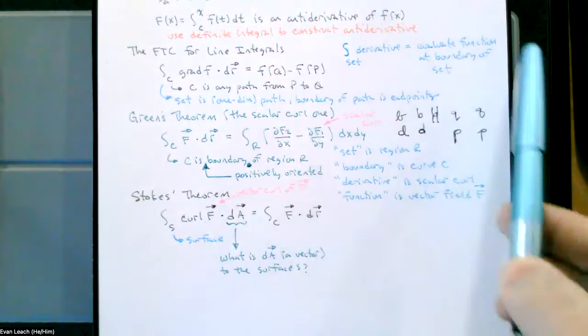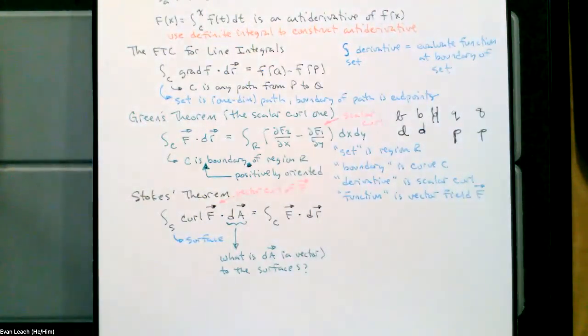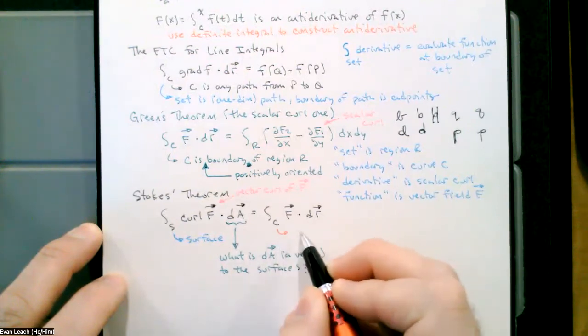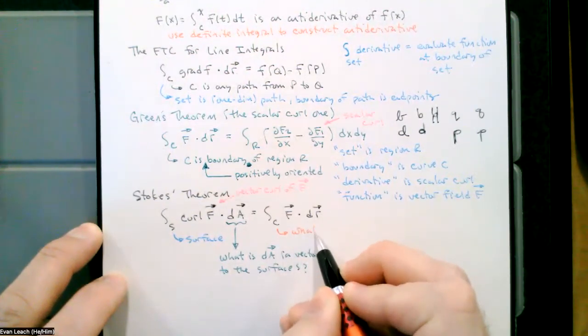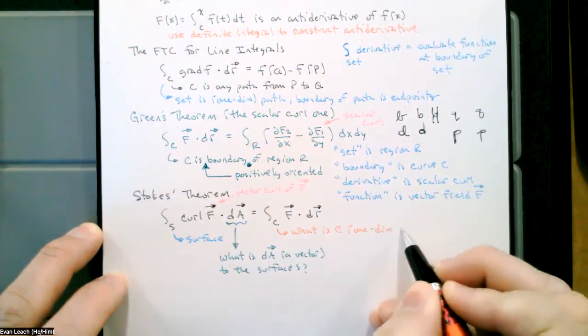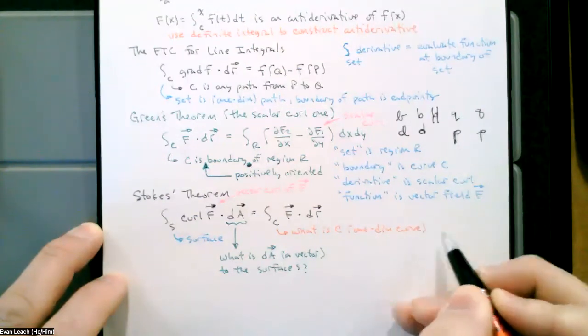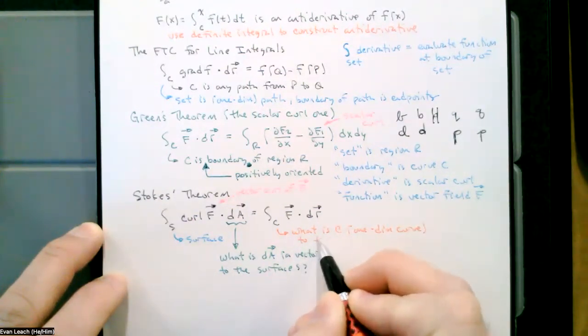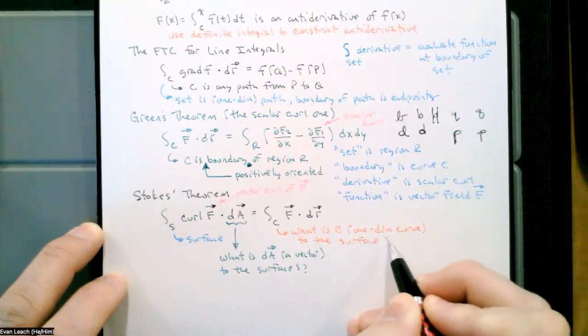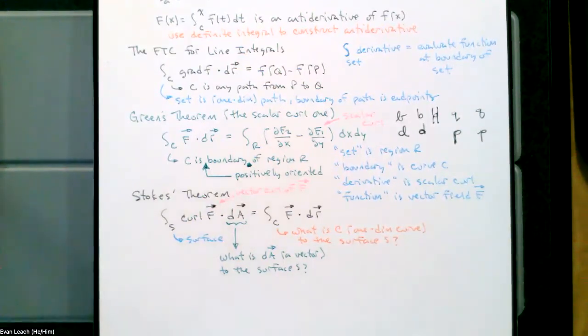Based on our structure, that's another question we need to ask. What is this curve C, this one-dimensional curve, to the surface S?